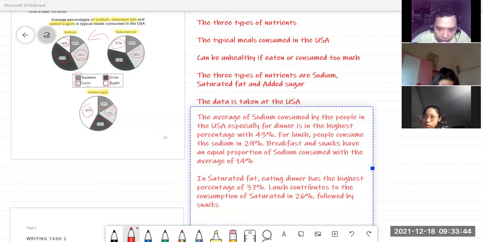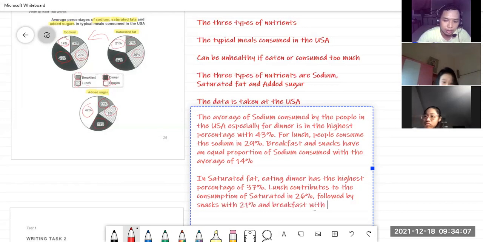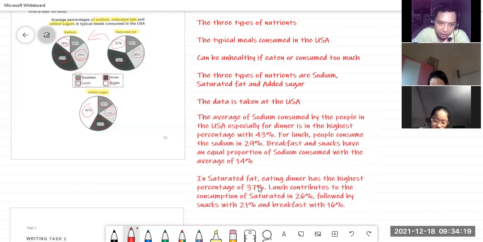Followed by snacks with 21%, and breakfast. How much is the breakfast? And the breakfast with 16%. Okay, so we have explained the second chart or diagram.